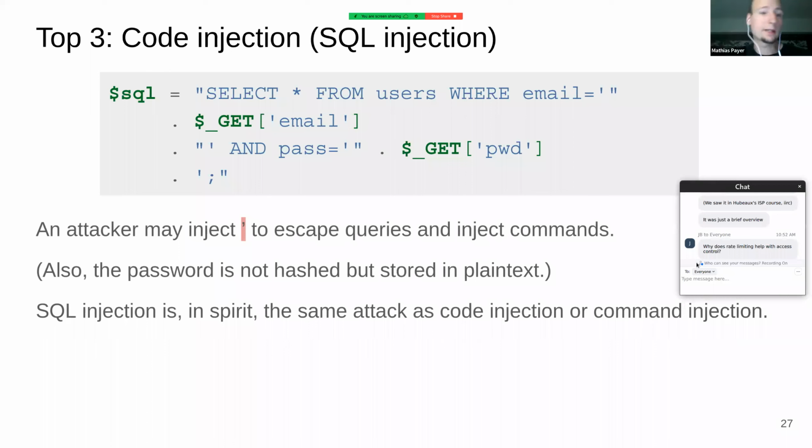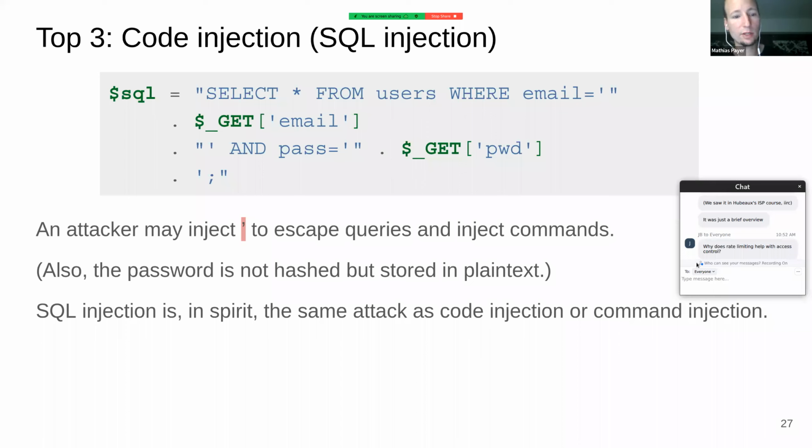An attacker may inject or pass an email that contains a quote character to escape queries and then be able to inject their own commands. As a second issue, the password is stored in plain text, which should not happen. So you should be able to hash it.